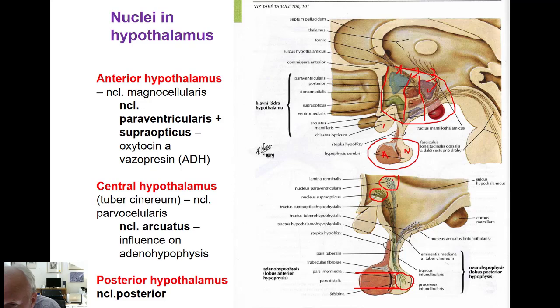So logically, the tract from the nucleus paraventricularis is called tractus paraventriculo-hypophysialis, and the pathway from the supraoptic nucleus is called tractus supraoptico-hypophysialis. The neurons in the nucleus arcuatus, for example, have shorter axons called tractus tubero-hypophysialis, ending not running completely down to the posterior lobe, but ending in the infundibulum.